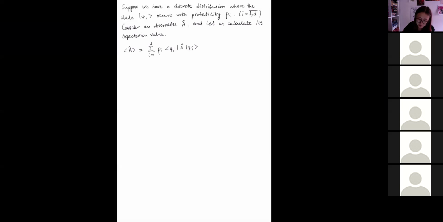So we just have to sum over i with the weights of these probabilities and the corresponding expectation values of A for each of the psi_i's. Then we arrive at the sum from 1 to d of p_i times the expectation value of A for the state psi_i.